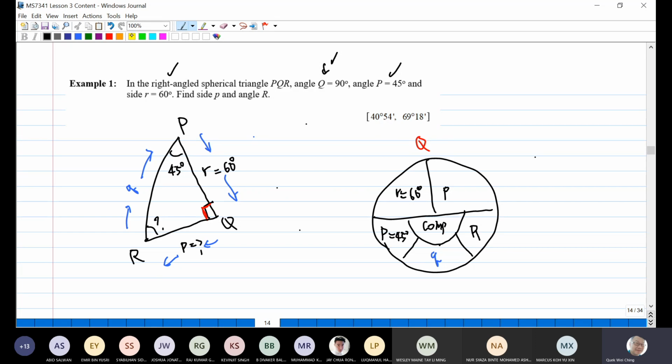This is the middle part, and then the two opposite parts. That's why I always use the unknown, because you want to find the unknown.